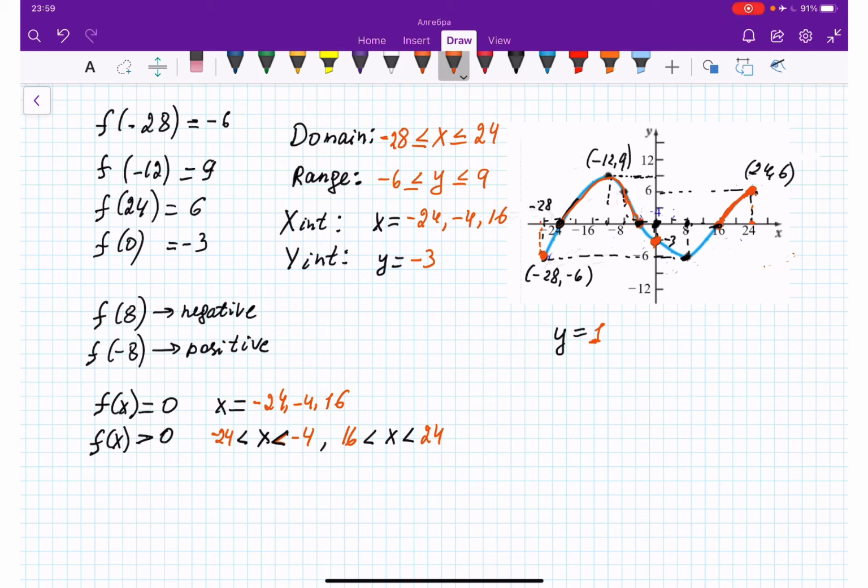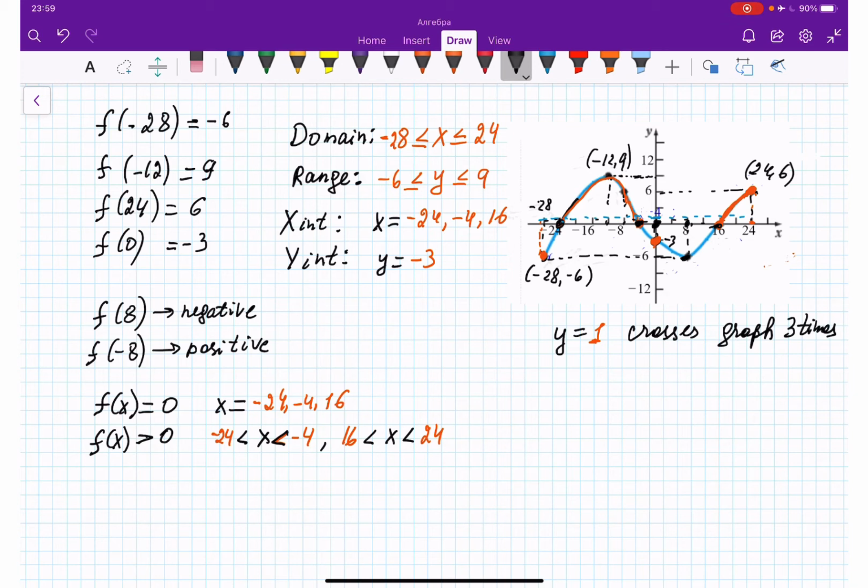So let's see, if y is equal to 1, it's going to be, let me change to a different color, somewhere here. So if I draw this line, it's going to cross 1, 2, and 3, right? So it crosses the graph 3 times.